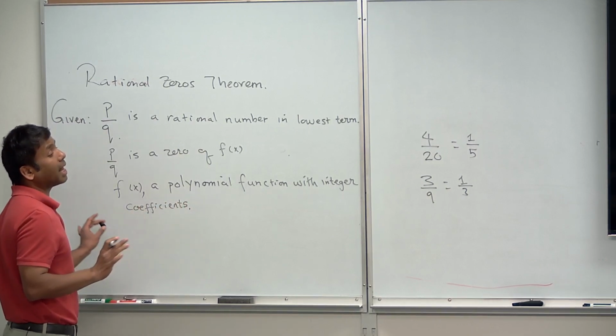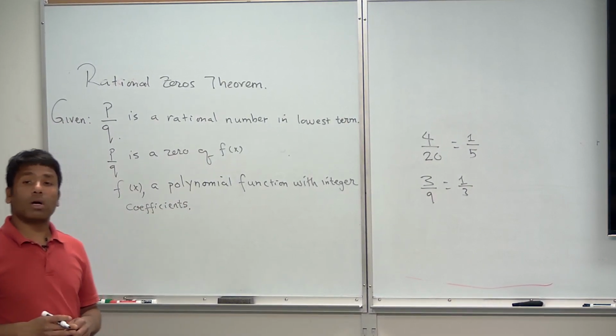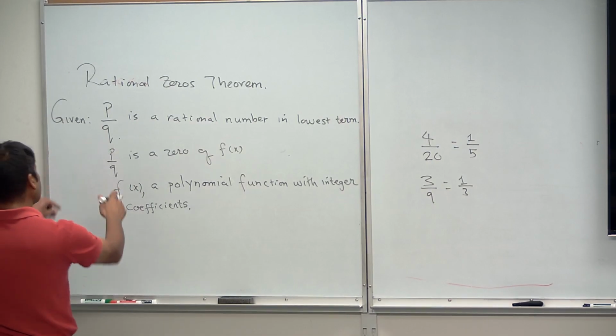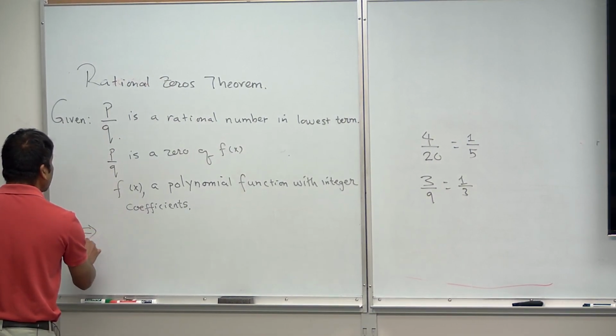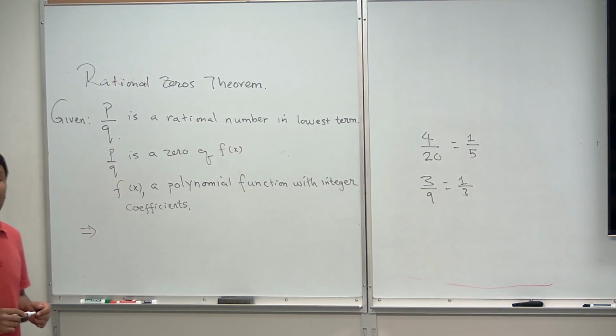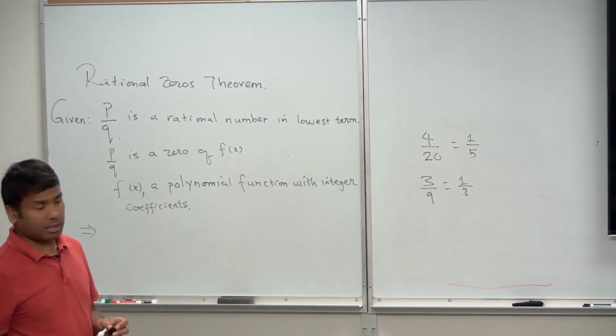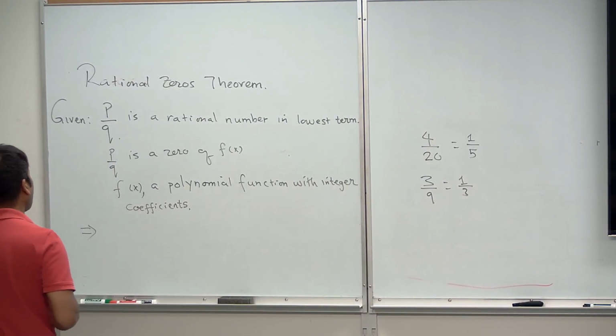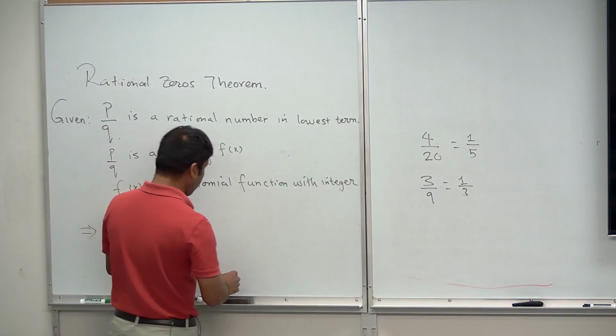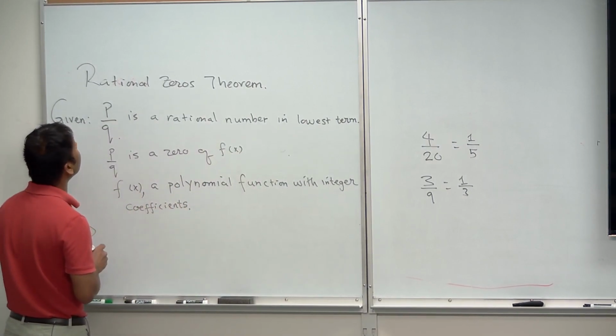Okay, so these things are given. Now, what does this imply? If you have all these things given, then P is a factor of the constant term, and Q is a factor of the leading coefficient.